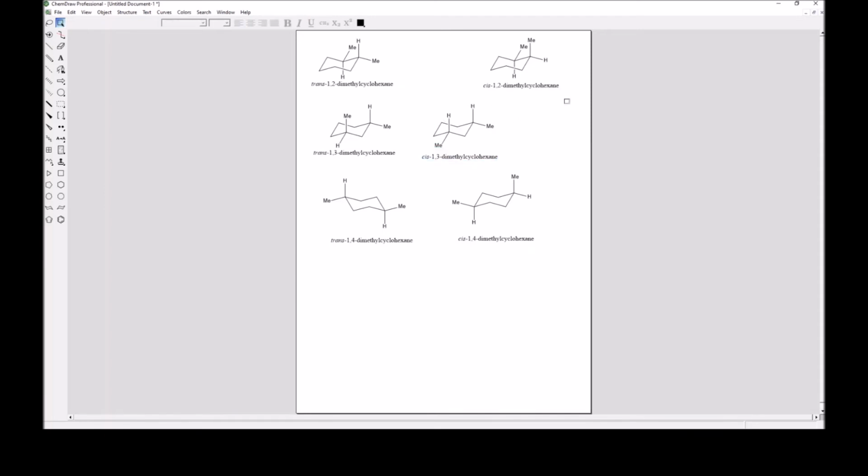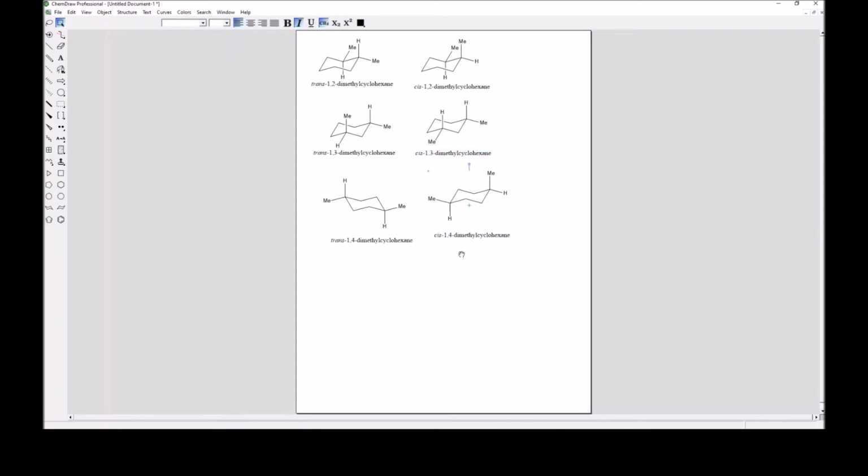This is different than the last comparison that I made, because in that case I was just trying to pick which conformation was most meaningful. Now I'm actually looking at stereoisomeric differences. In order to determine which of the two stereoisomers is more stable, I'm still going to use the same axial versus equatorial criteria.